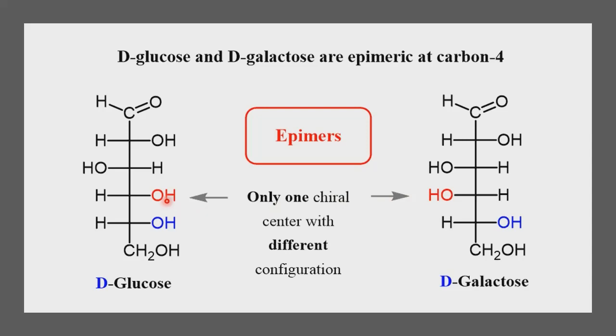So both OH are located at the right in this configuration, while the other OH is twisted to the other side, which is at the left. So there is one chiral center with a different configuration, and this will now become an epimer. So it's a diastereomer that has a different configuration of the OH. So it is a diastereomer that is also specifically an epimer.